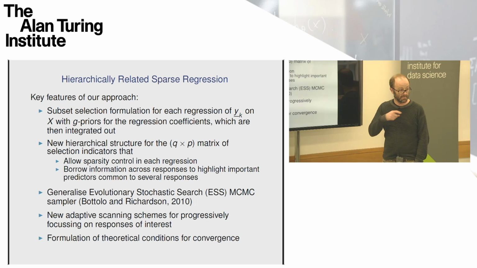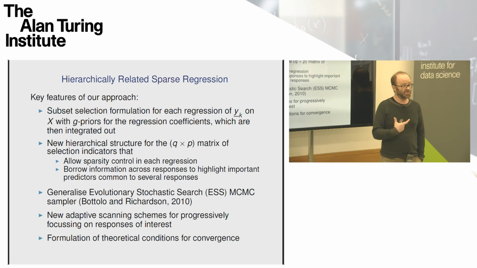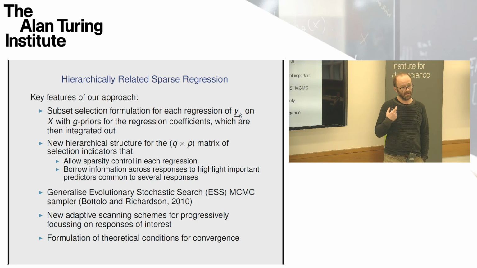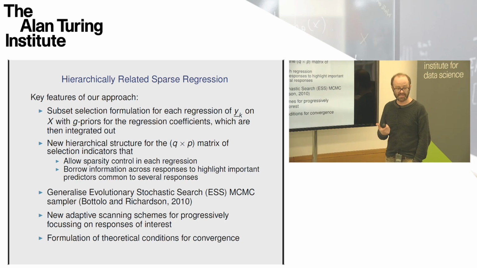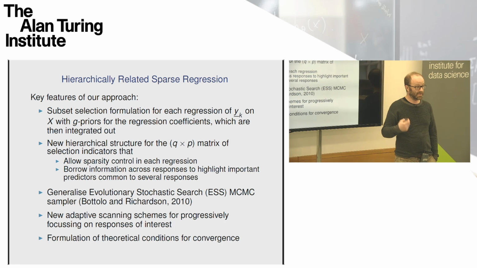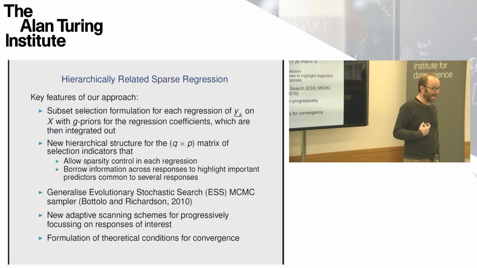But not all the q genes are in reality associated with the DNA. Only a subset of them. So when we build a model that tries to find the association between the predictors and the outcomes, sometimes we spend in the algorithm too much time trying to find associations that don't exist.